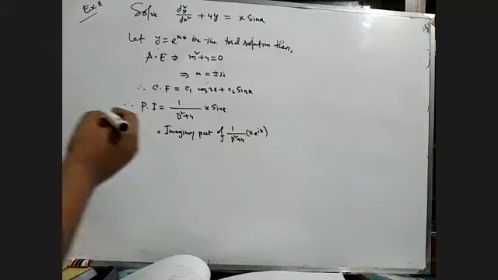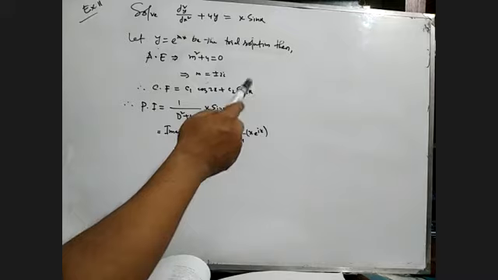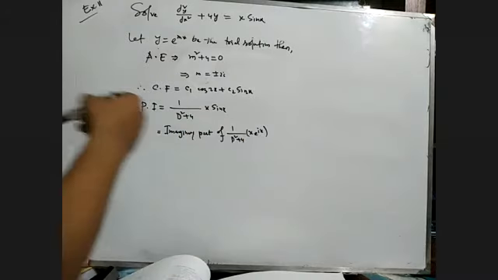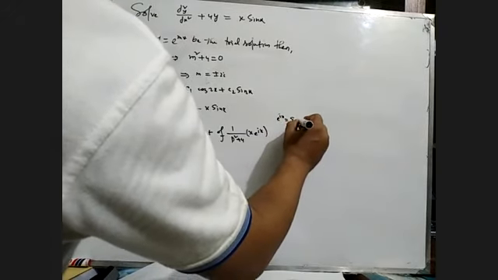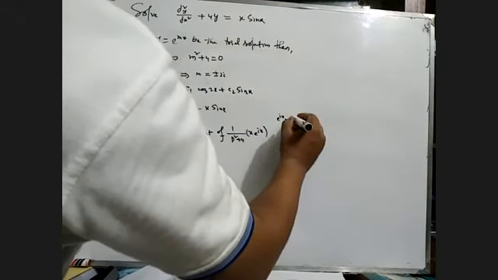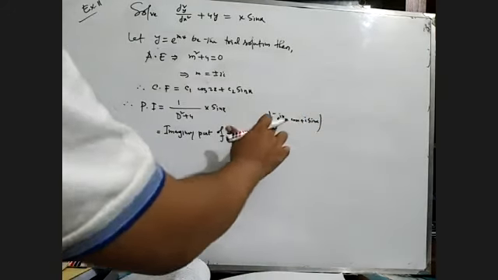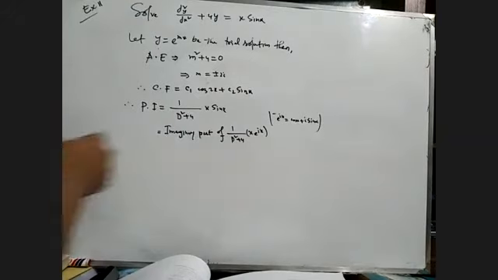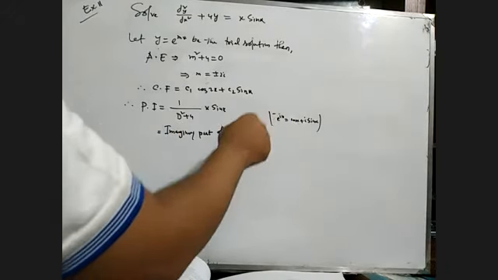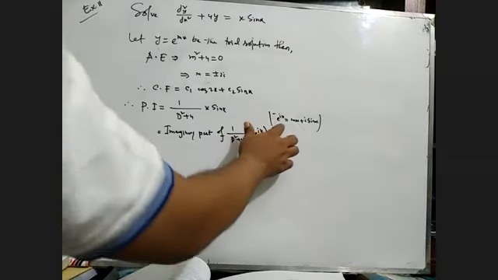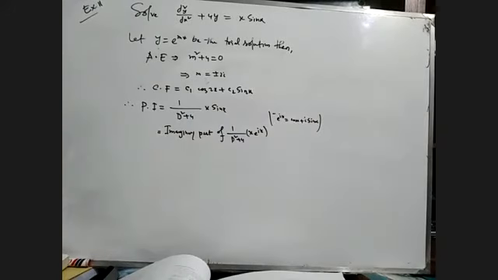You know, sin x is the imaginary part of e to the power ix, because e to the power ix equals to cos x plus i sin x in complex numbers. So the real part is cos x and the imaginary part is sin x.